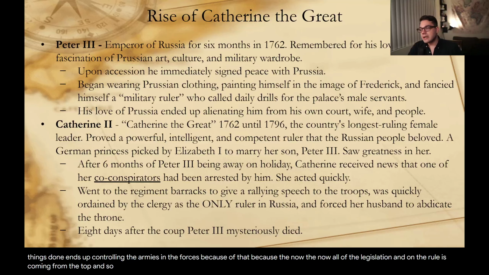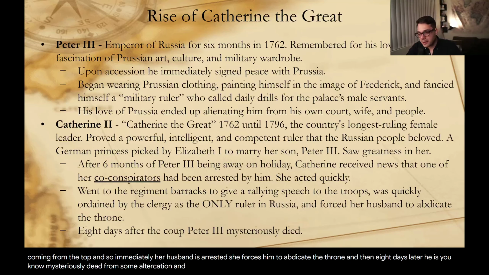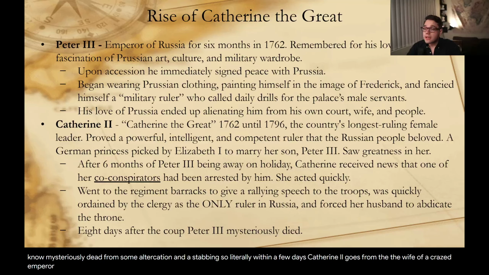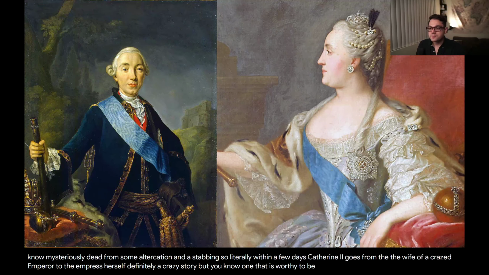And so immediately her husband is arrested. She forces him to abdicate the throne, and then 8 days later, he is mysteriously dead from some altercation and a stabbing. So literally within a few days, Catherine II goes from the wife of a crazed emperor to the empress herself. Definitely a crazy story, but one that is worthy to be mentioned.